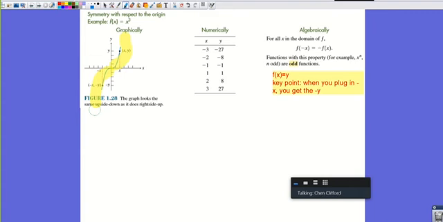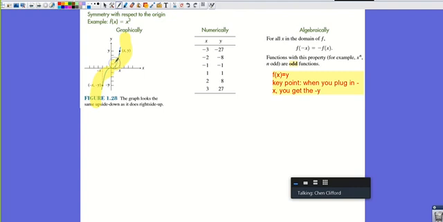That's an odd function. So here is also an odd function. Let me draw a blue one. If you reflect it across the y and across the x, and you get the same thing, then that is an odd function.